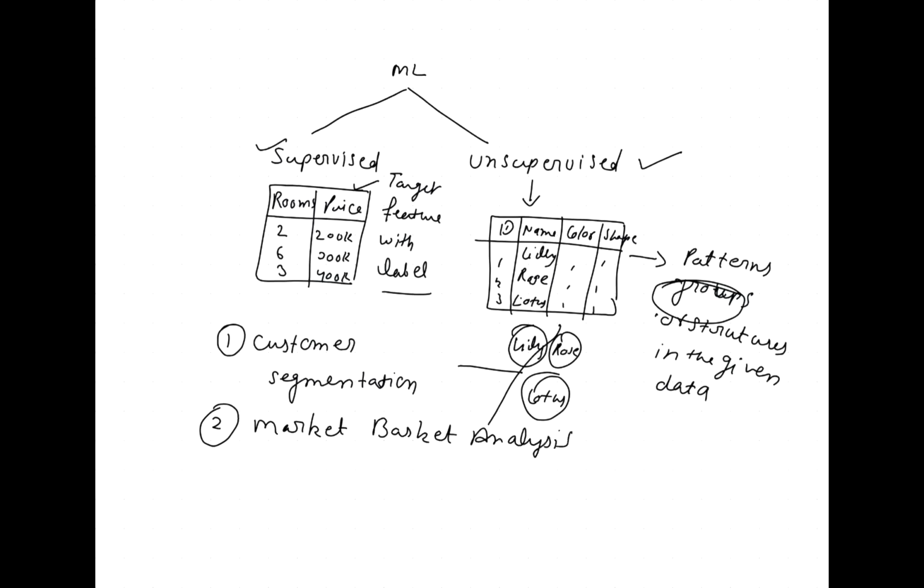The third is anomaly detection, and so on. There are a lot of examples, but I am giving you the most common ones. If you want, you can take a screenshot of this. I hope you understand the definition of unsupervised and supervised. Now we will move ahead for today.